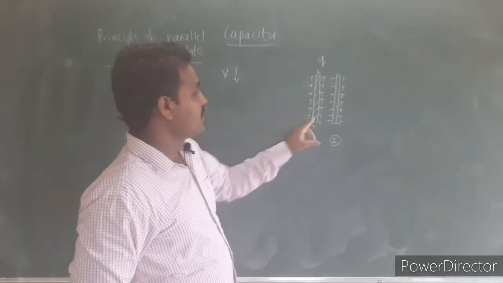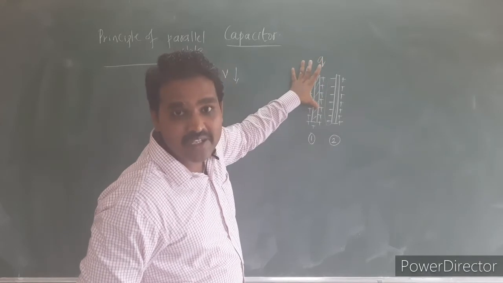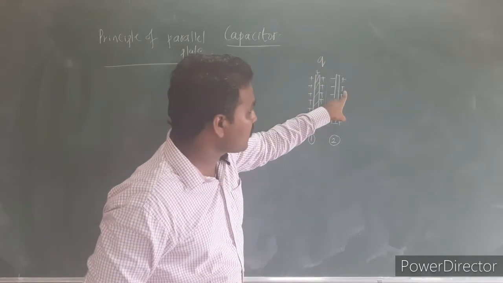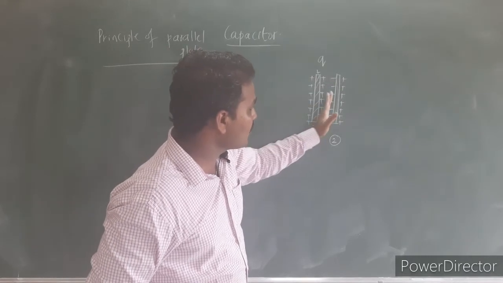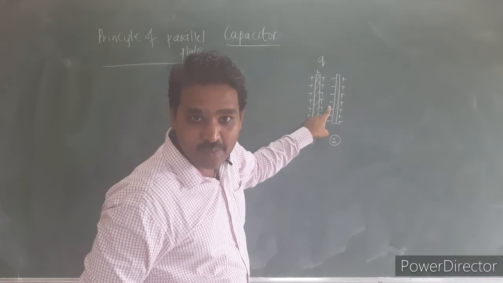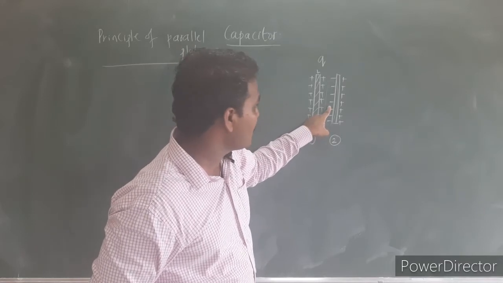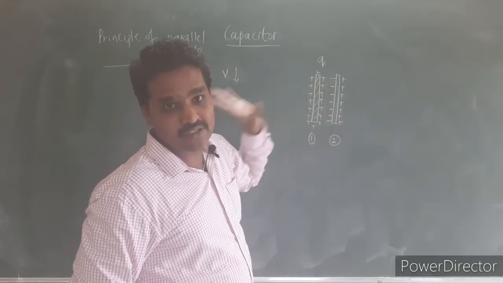Are you getting it? Because of these negative charges, the potential of this first plate will reduce. These positive charges may increase the potential, but these negative charges are very close to the first plate. Hence, the effect of these negative charges on the left surface is more than the effect of the positive charges.